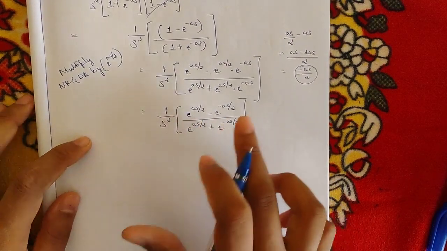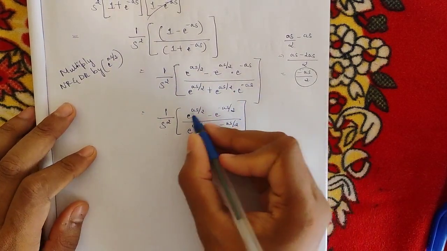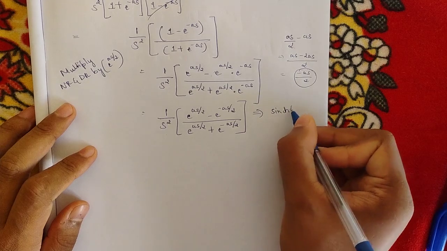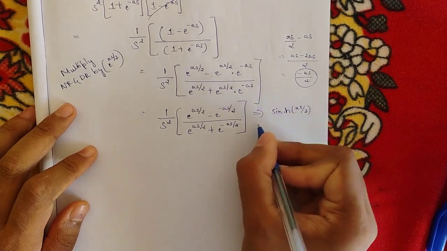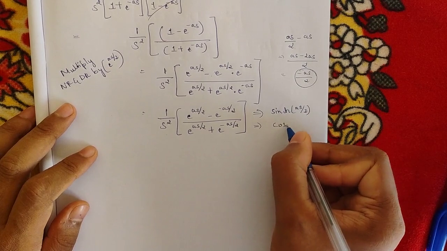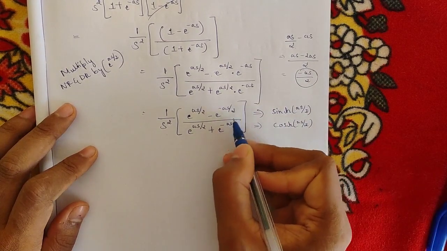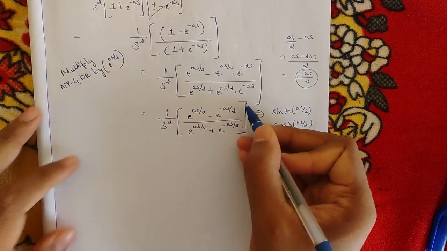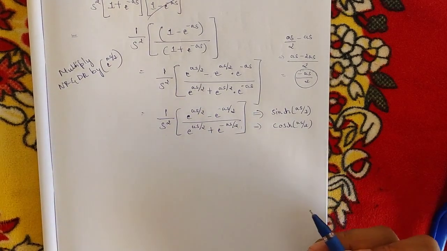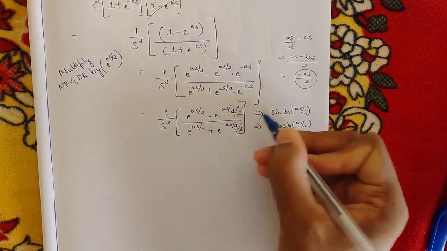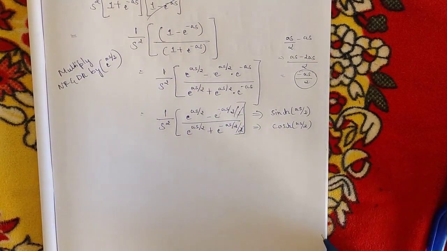Now if you observe here, this is of the form sin h as by 2, and this is of the form cos h as by 2. If you divide by 2 also, it will be getting cancelled because it is getting divided either way, and you would be left with only these terms.